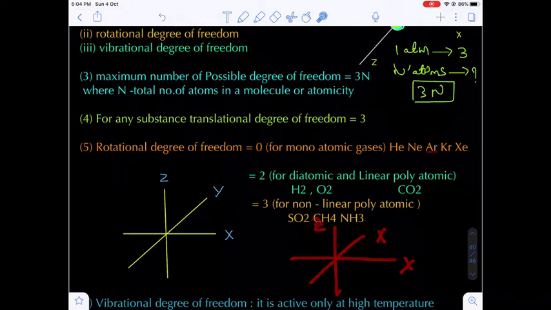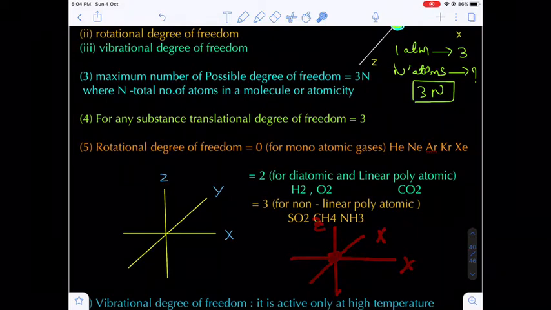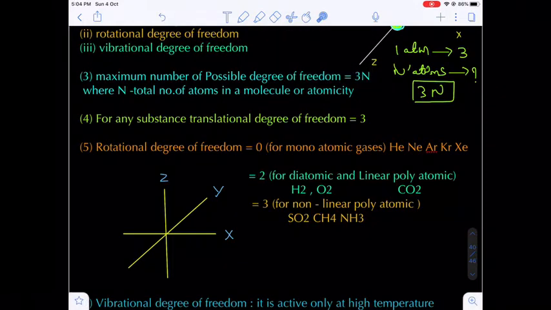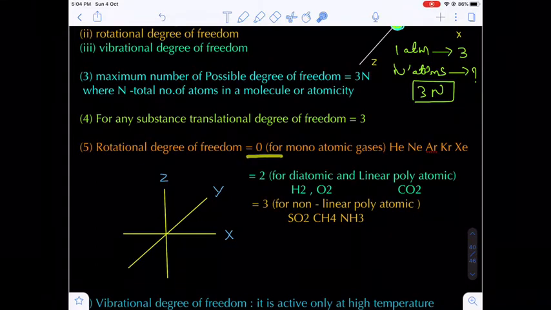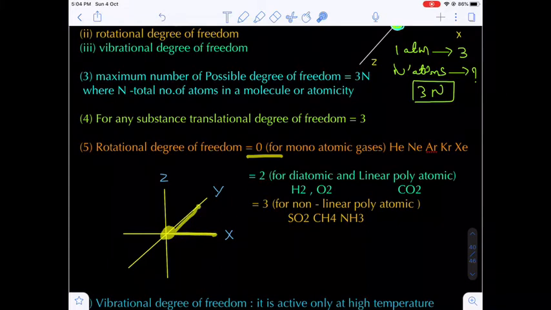Now if you consider a monoatomic gas, let's suppose you take helium, a noble gas, the rotational degree of freedom will be considered to be what? 0, because it is only one atom. So along the 3 axes it possesses only translational modes, but it cannot have any rotational.